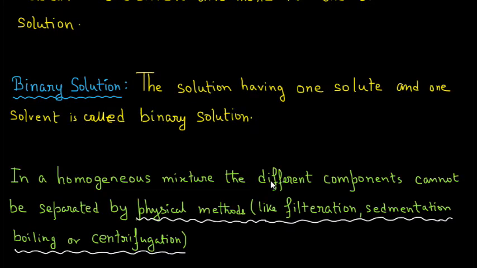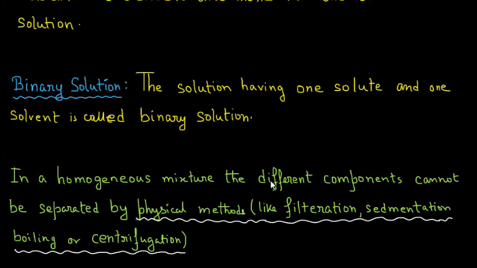Now here is one sentence where a fill in the blanks or any objective question can come, so I have marked it. In a homogeneous mixture, the different components cannot be separated by physical methods like filtration, sedimentation, boiling or centrifugation.